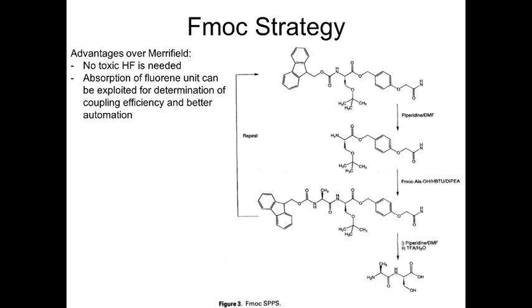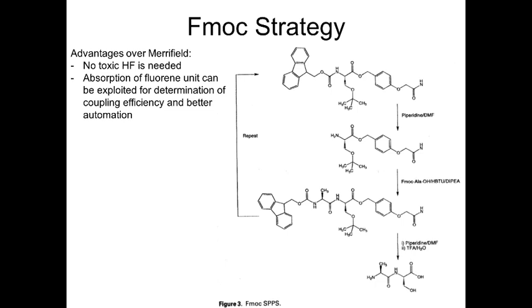Now I come to the second strategy that I would like to discuss with you. This is the Fmoc strategy, and the Fmoc strategy is nowadays the most important one that is carried out in most of the laboratories worldwide. The advantages of this method over the Merrifield synthesis scheme is that no toxic HF is needed.